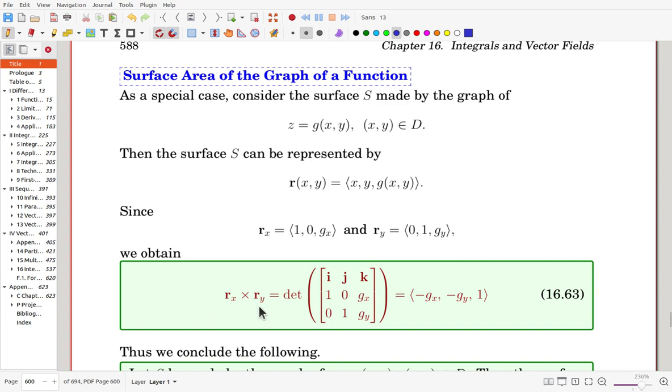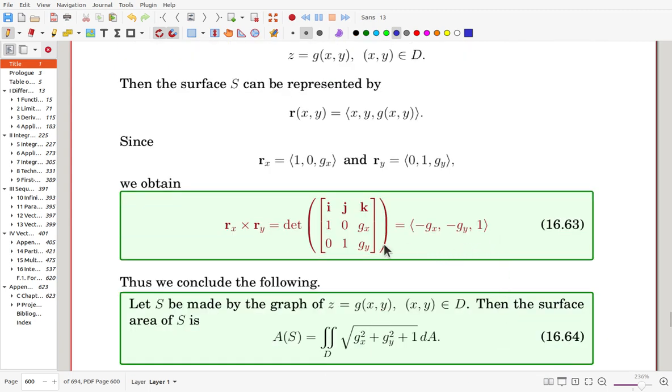Then the cross product is the determinant of this matrix, and we reach this output of the cross product. The magnitude can be formulated as the square root of g sub x squared plus g sub y squared plus 1. Okay, this can be easily memorized from here.